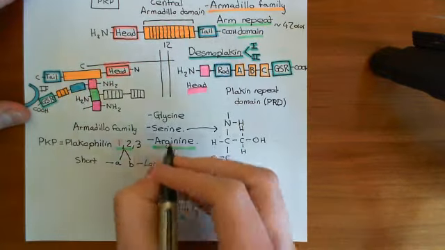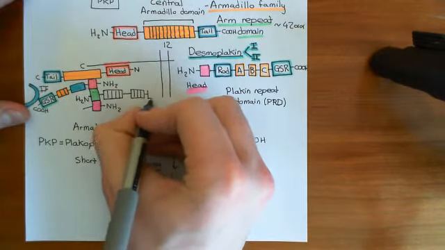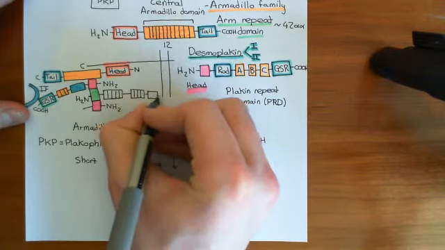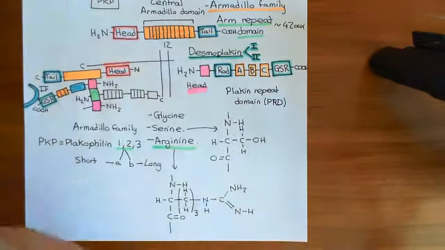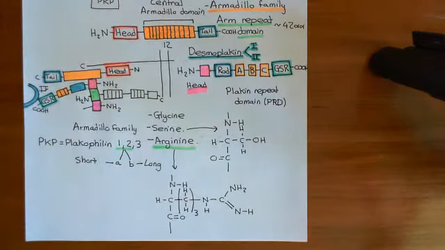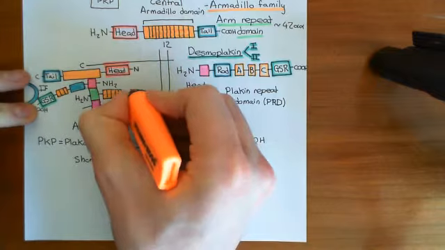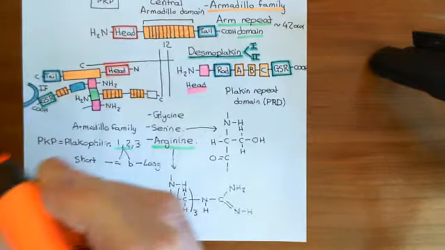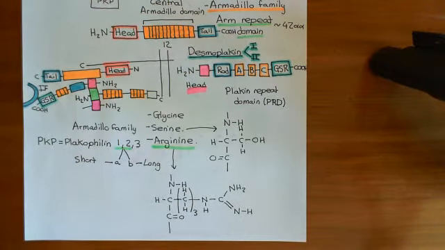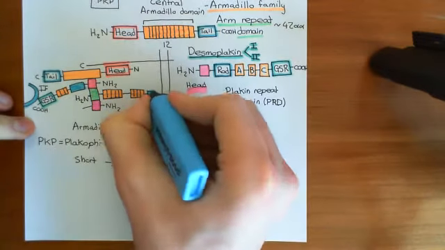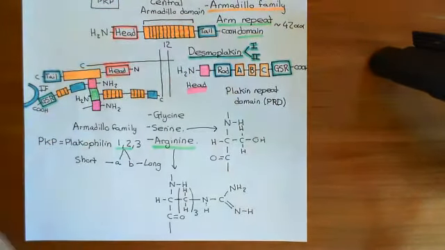After that it will have the tail domain, with its C-terminus facing up towards the cell membrane, like so. So these are all armadillo repeat domains, 9 in total, and right over there we've got the tail of our plakophilin protein.